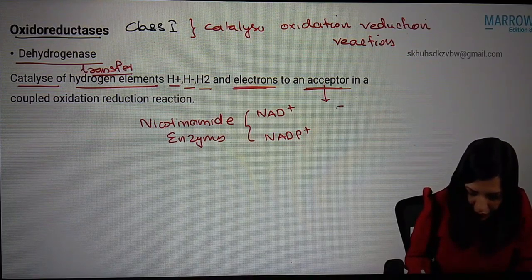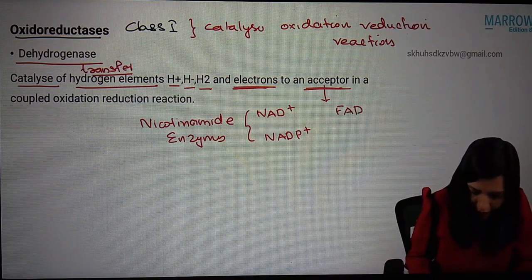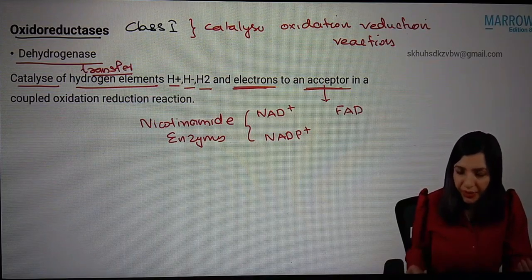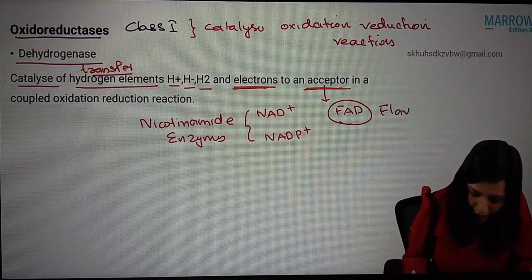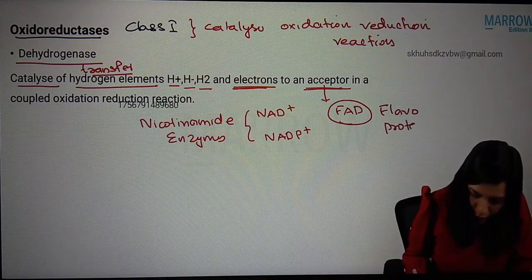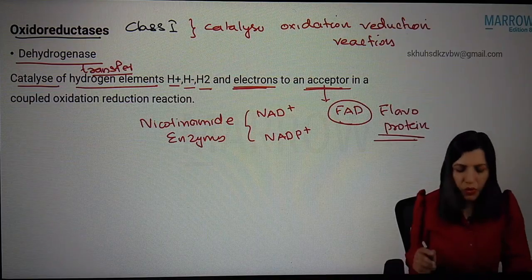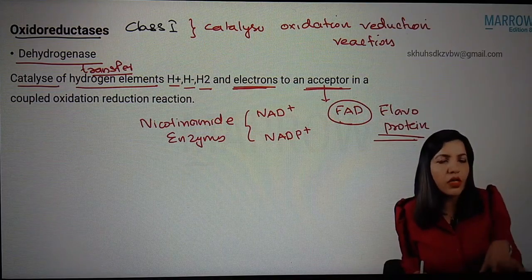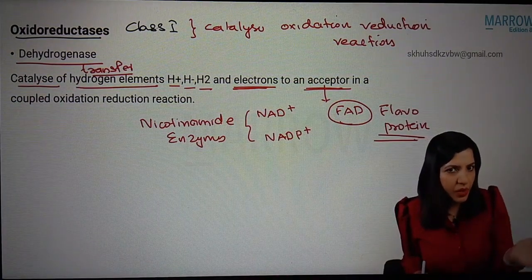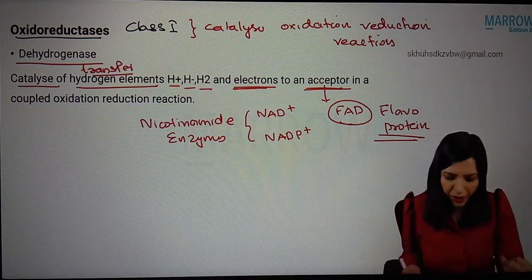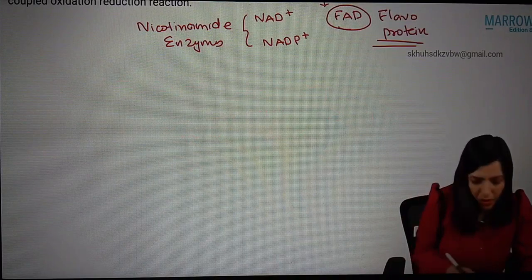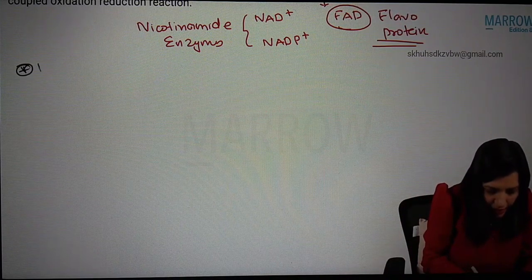And if FAD is the hydrogen element acceptor, then it is a flavoprotein. So usually the acceptor for these hydrogen elements can be a nicotinamide derivative like NAD or NADP plus, or it can be FAD.